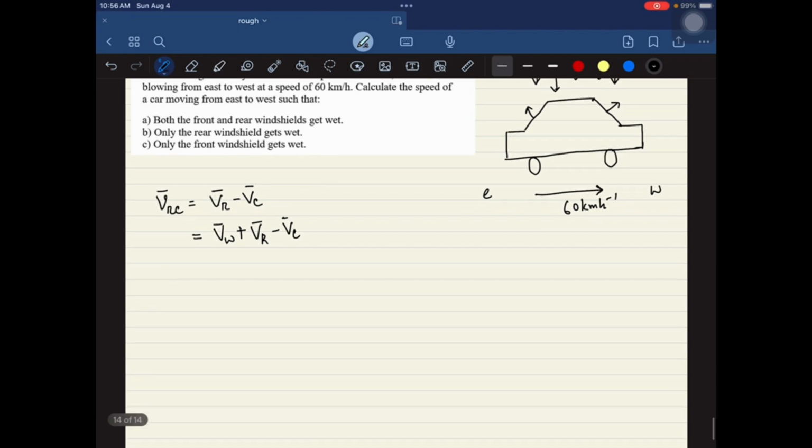I want to draw the figure for A. In this one, wind is blowing in this direction, and rain is falling in this direction.